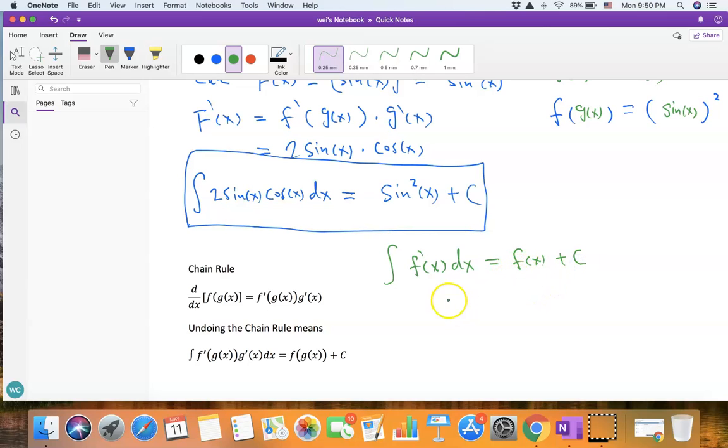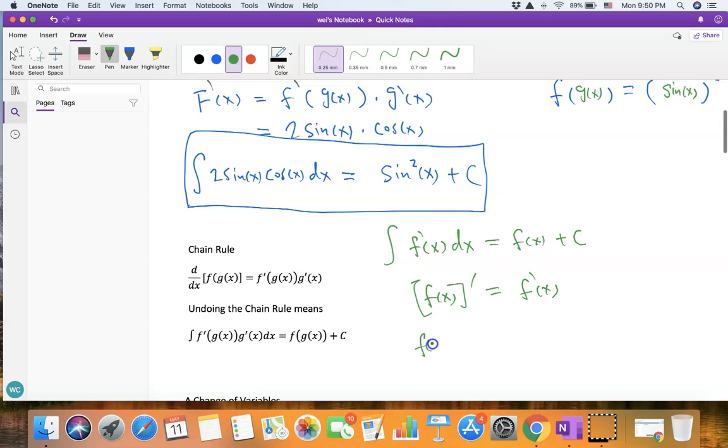Because when we take the derivative of capital F of x, the result is f prime of x. Then that means capital F is an antiderivative of f prime of x. That's why the integral of f prime of x dx is capital F of x plus c.